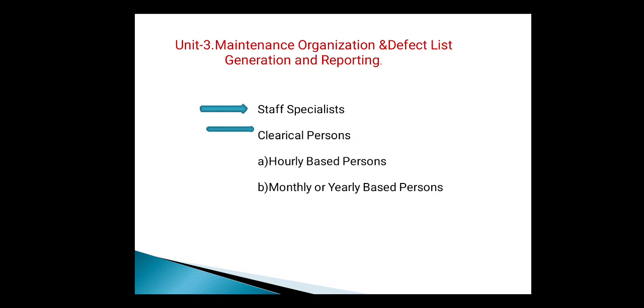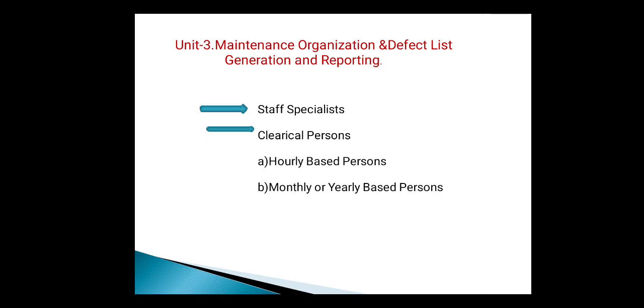Next, moving to the next slide, that is staff specialists and clerical persons. These all come under lines of reporting only, meaning that whatever defect arises should be discussed, and staff specialists should be ordered to the workers. Let us see what types of conditions take place.